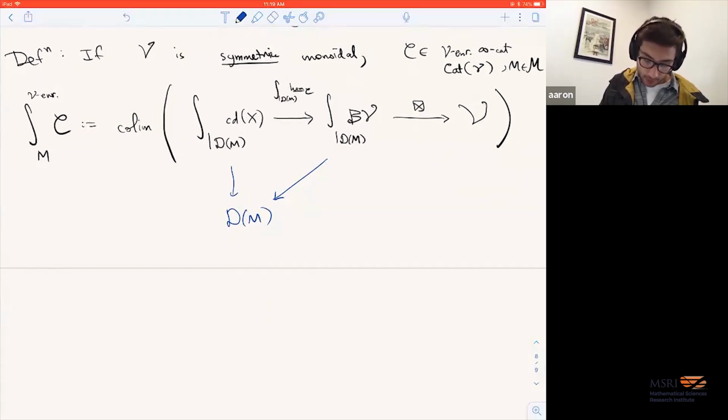So D of M, a typical object, if M is the circle, let's say, is going to be like a circle with some dots on it and framings on the one-dimensional strata.